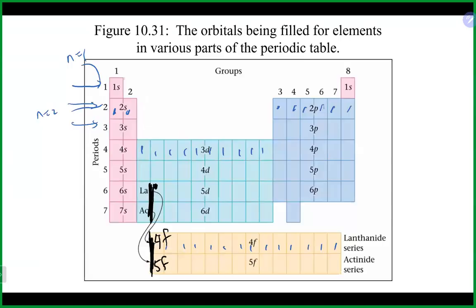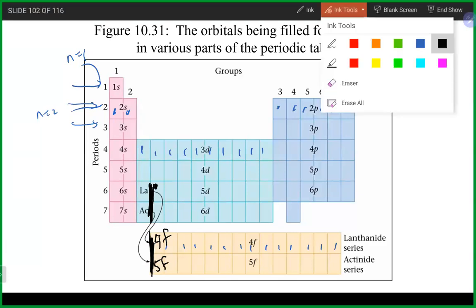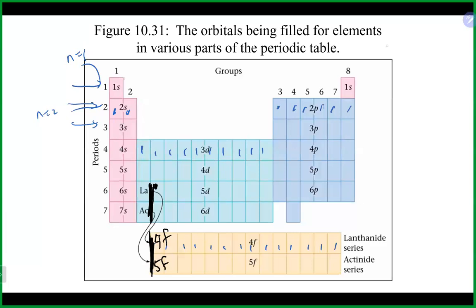So what we talked about there, why it's broken up like this is that on the n equals 1, there's only s orbitals. That's where it starts. On the n equals 2, you also have s orbitals, but that's the first time that p orbitals appear.